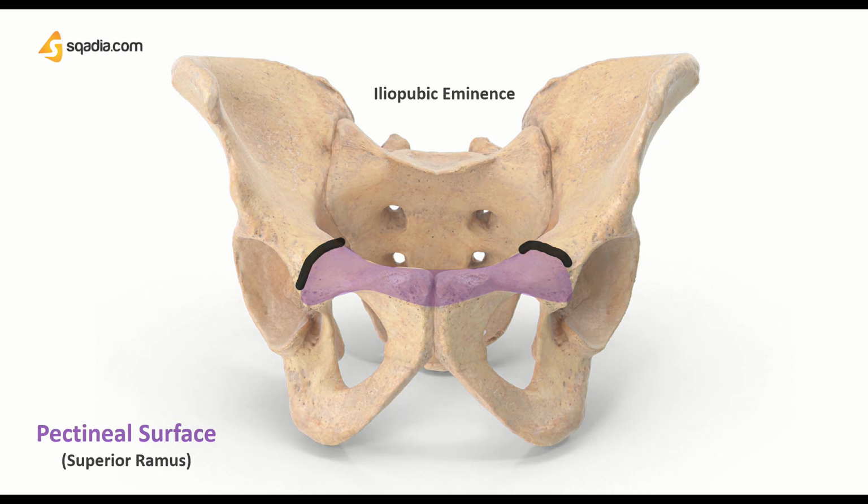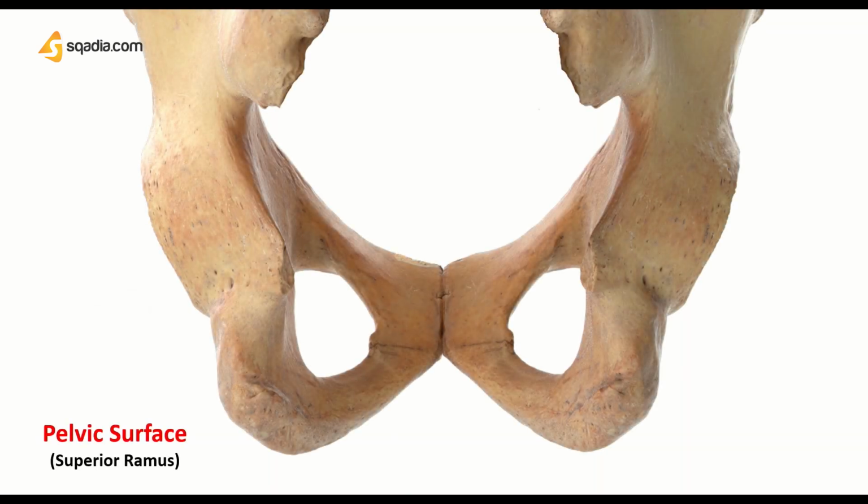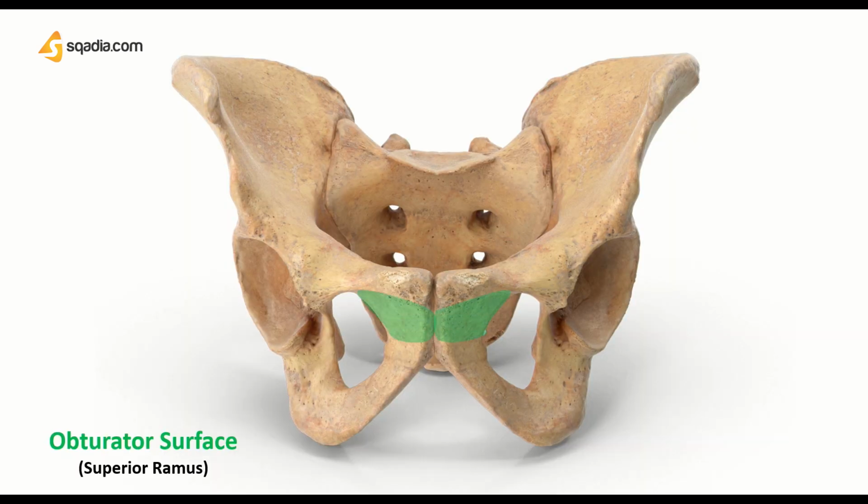Now coming to the pelvic surface, it is present between the superior and the inferior borders. It's mostly smooth and is continuous with the pelvic surface of the body of the pubis. The obturator surface lies between the anterior and the inferior borders and presents this obturator groove over here.